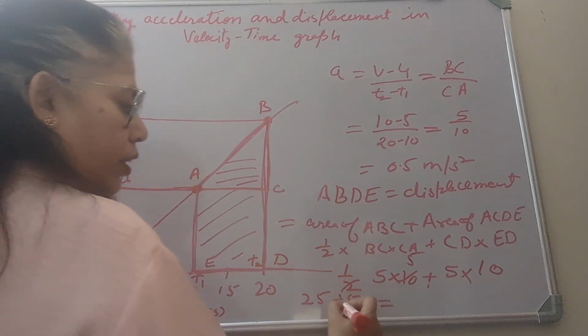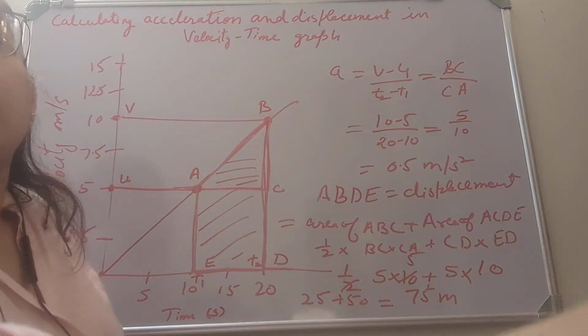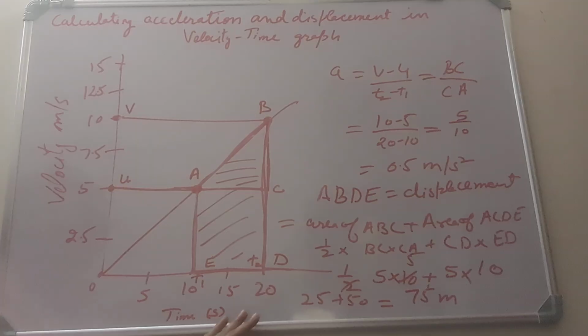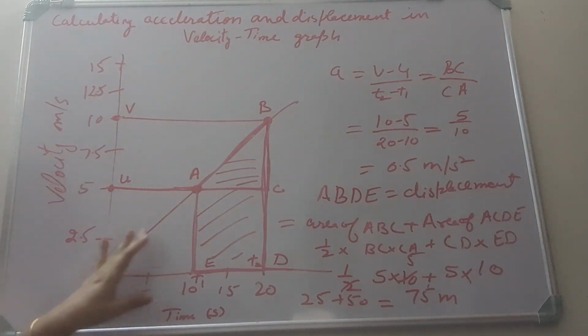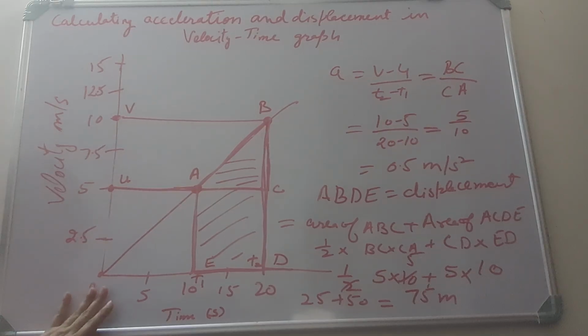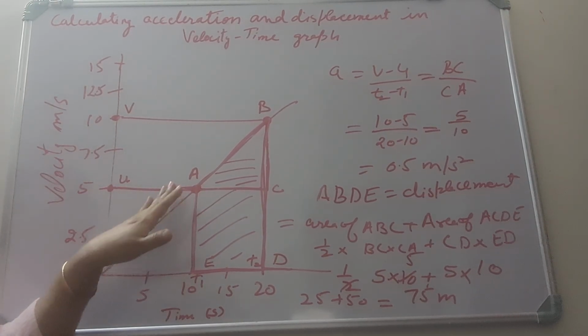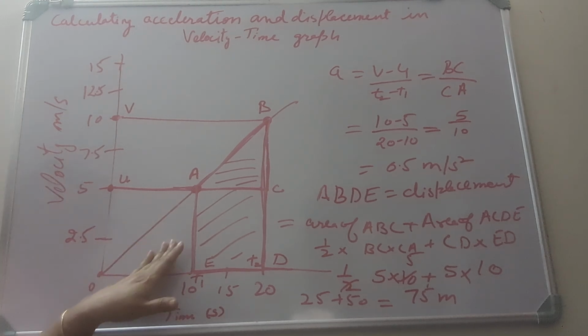Our area is 75 meters. I have taken the same marking as it is given in your book. So that is how we can calculate the displacement when the velocity is increasing and acceleration is constant.